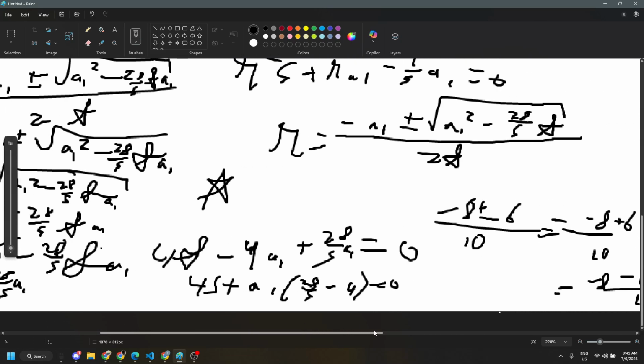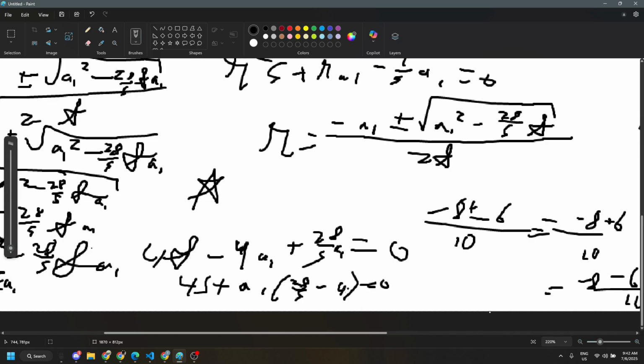What's 28 over 5 minus 4? It'd just be 8 over 5. So back here, 4S plus 8 over 5 A1 is equal to 0. We can divide both these back too. So S plus 2 over 5 A1 equals 0.